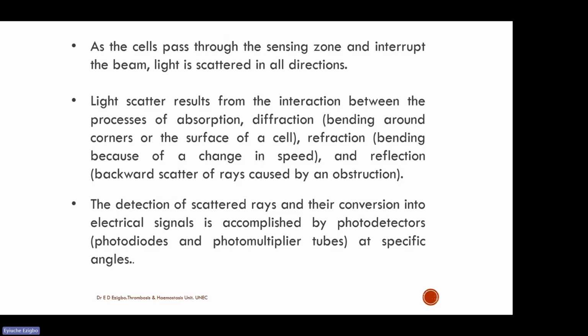So as the cells pass through the sensing zone and interrupt the beam, light is scattered in all directions. Light scatter results from the interaction between the process of absorption, diffraction, bending around corners or the surface of a cell at a small angle, just like we said, refraction, bending because of a change in speed at an intermediate angle, if you go back to the other slide, and reflection, backward scatter of rays caused by an obstruction at a wider angle.